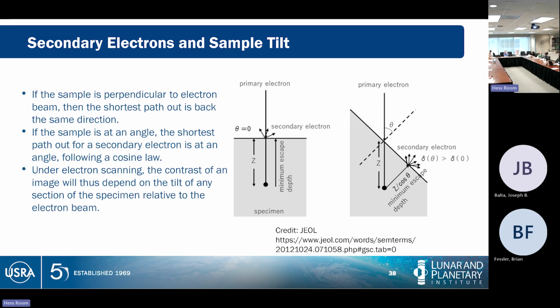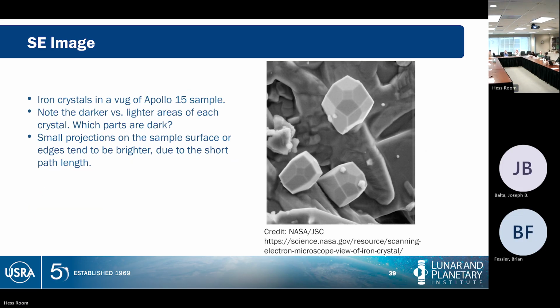Whereas backscatter is your compositional contrast. Now, they can interact with each other and do both. But if I want to see the edges and shapes of a very fine-grained material, secondary electrons are how I might do this. Let's take a look at a secondary electron image.